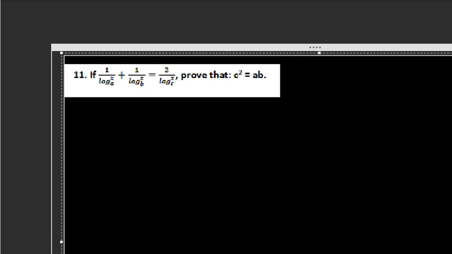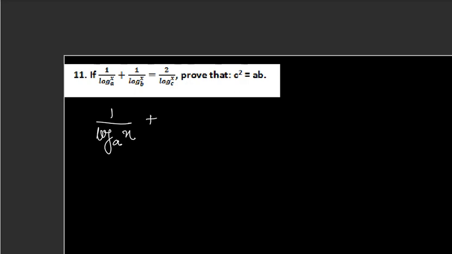See, 1 upon log of x to the base a plus 1 upon log of x to the base b is equal to 2 upon log of x to the base c, right?